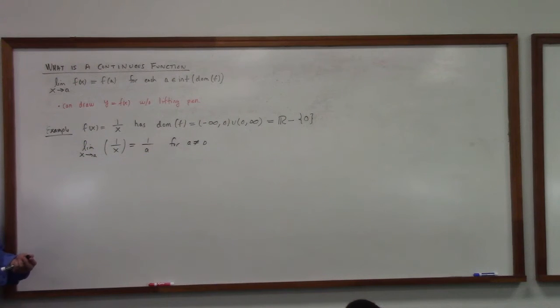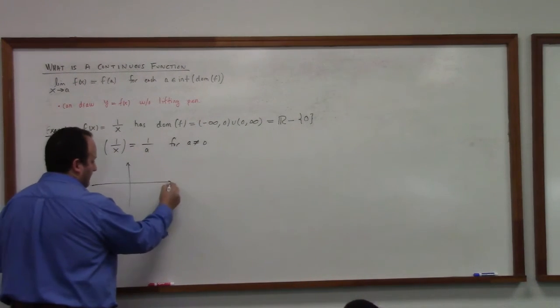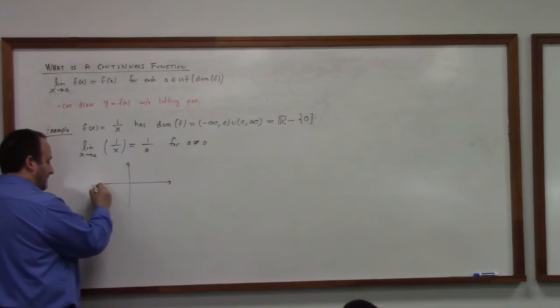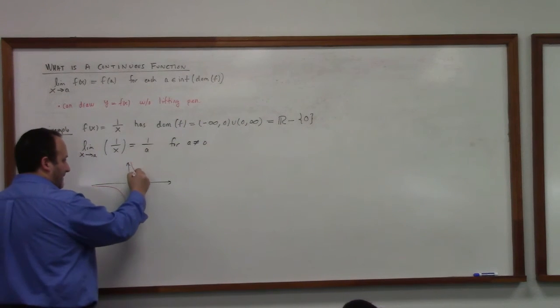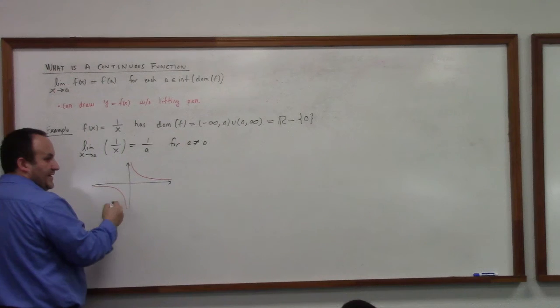And yet, can you draw its graph without lifting your pen? I can't. Because the graph of the reciprocal function is this. It's got this vertical asymptote at the y-axis.